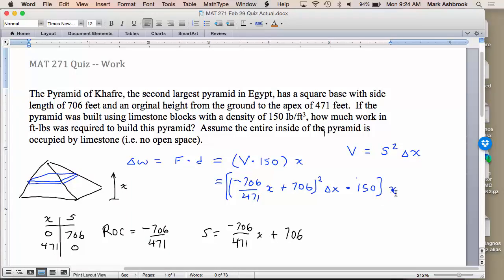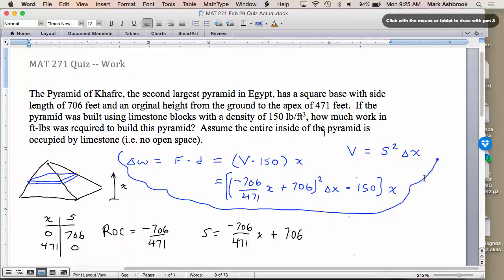I'm going to move that a distance of x. So I'm going to integrate that thing from 0 to 471. So that's our setup work for the work of a typical layer in the pyramid.